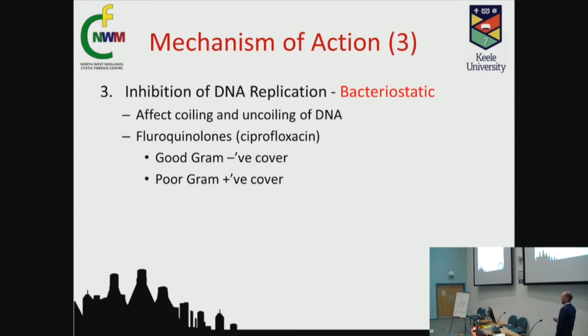Ciprofloxacin is a fluoroquinolone, and basically it stops the coiling and uncoiling of DNA within the bacteria, and therefore stops the DNA being replicated. Cipro, for those of you who've come across it, you'll probably have seen it being used to treat things like Pseudomonas, which is gram-negative, and it has relatively little effect against gram-positive organisms.